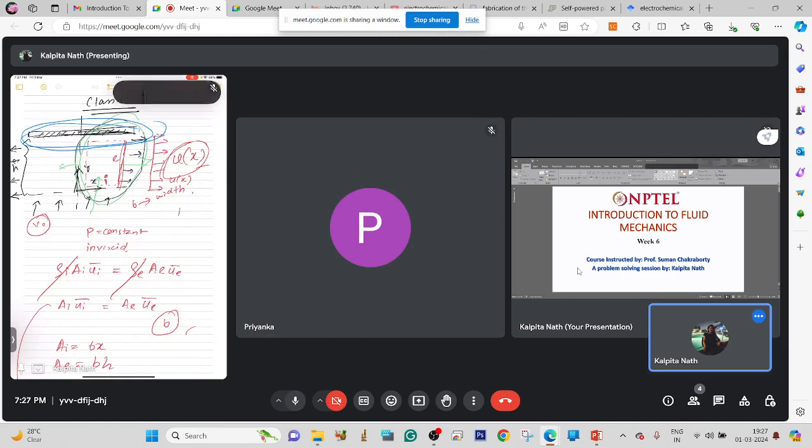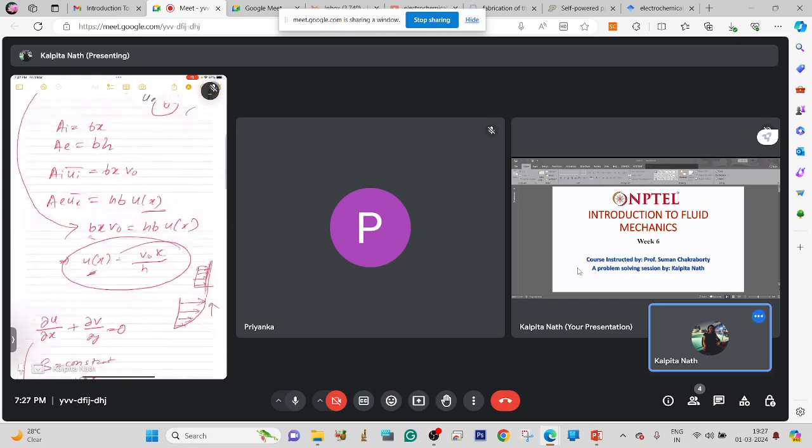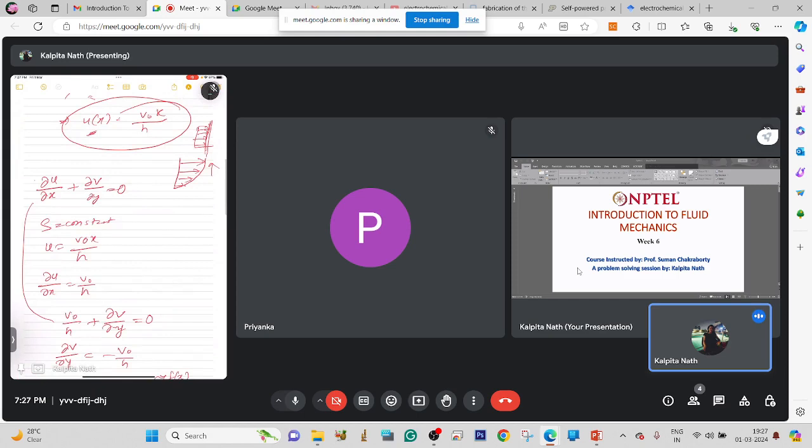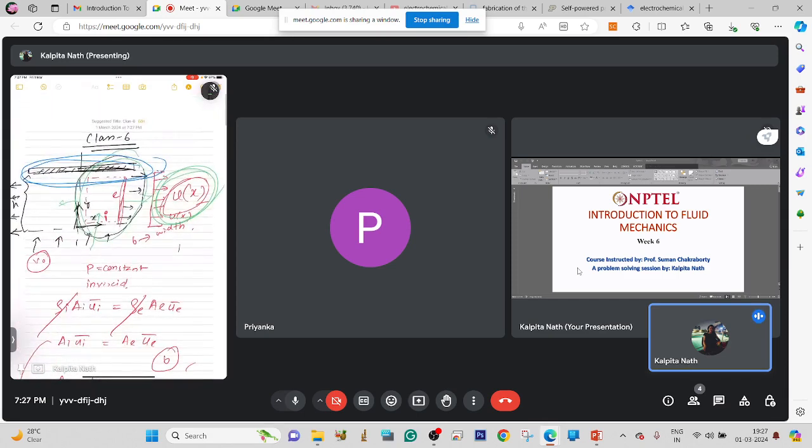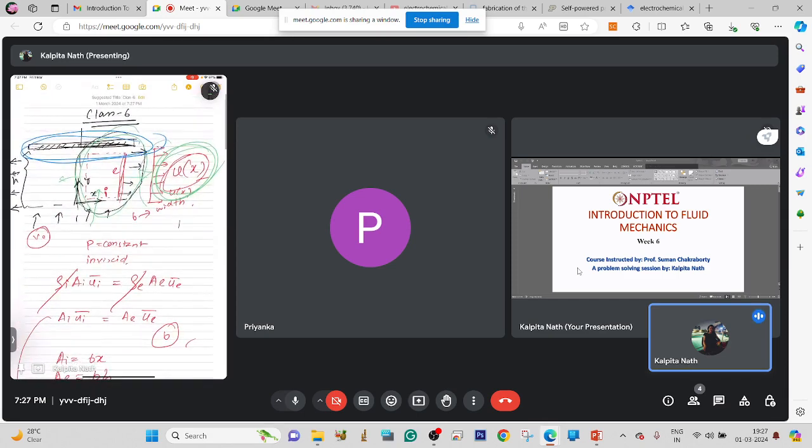Like here, this u is varying only with x. We have neglected the variation along the y direction because the u won't be varying along y, as the velocity distribution given is uniform in the y direction. That is, the u velocity component along the x direction is not varying with y.